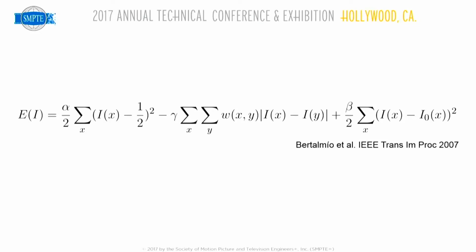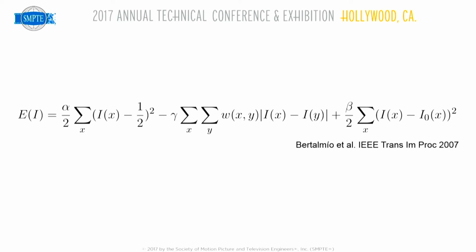The first term measures the departure from the mean, or think of this as the variance. The third term measures the departure from the original image I0. And the second term is a measure of contrast. It's the absolute value of the differences. So minimizing this energy, you're maximizing the contrast while not going too far away from the original nor from the mean. This is the idea.